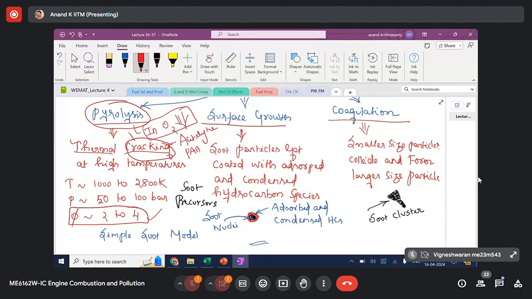Finally, it will lead to forming acetylene or PAH. And this acetylene or PAH are called soot precursors. So you are forming something called a soot precursor. A precursor is something that leads to forming soot. So the heavier molecule breaks down to shorter molecules, and finally it leads to forming these gas-phase species, acetylene and PAH.